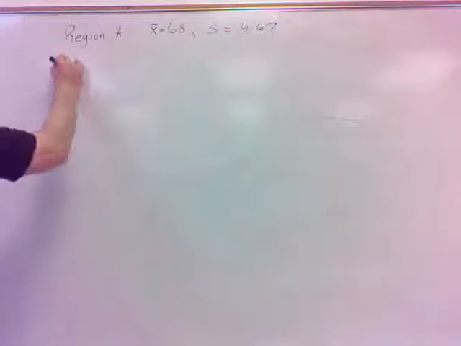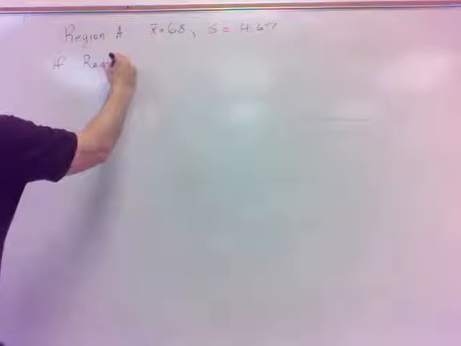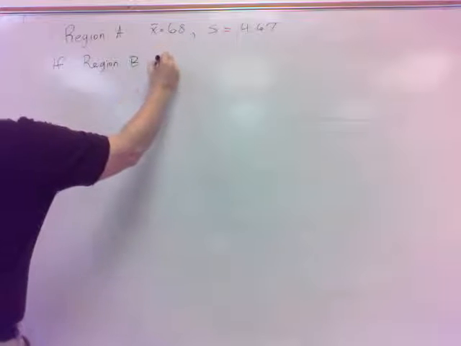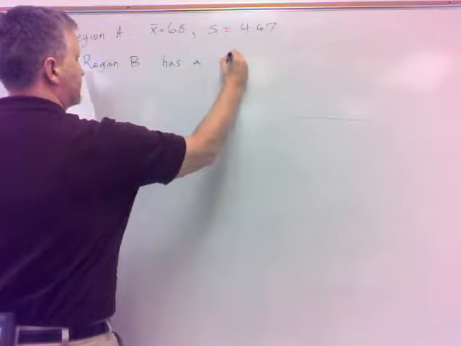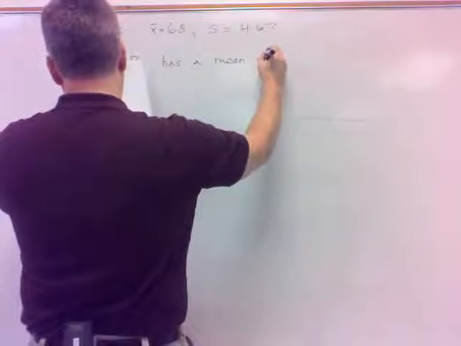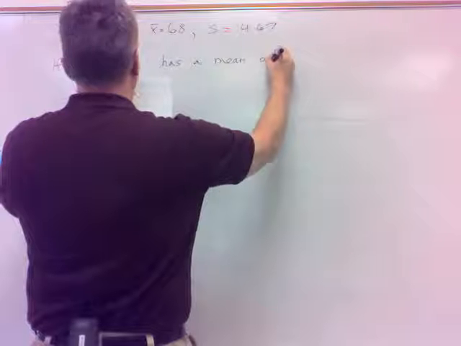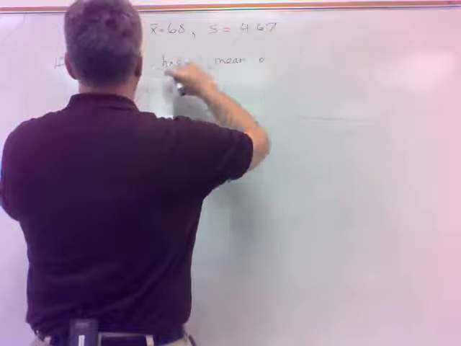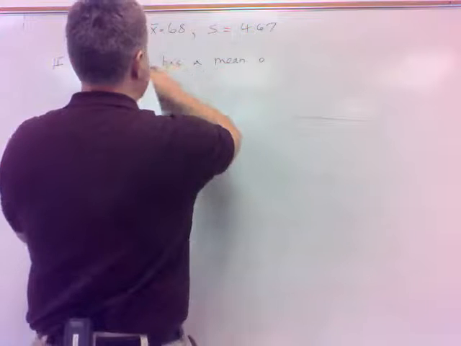If region B has a mean, x bar, of 70 cents, let's say that.